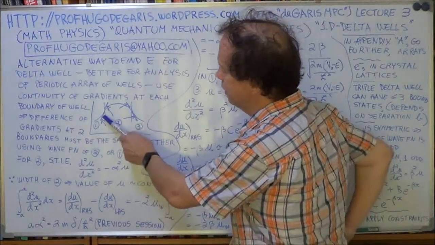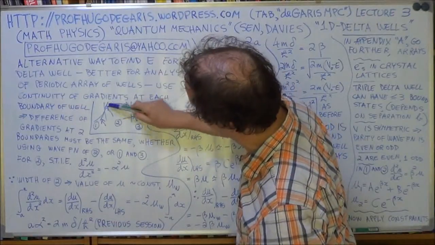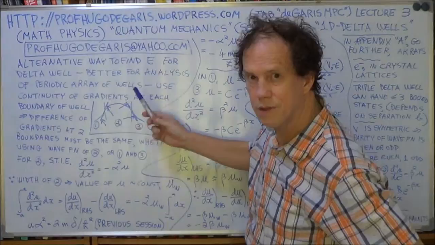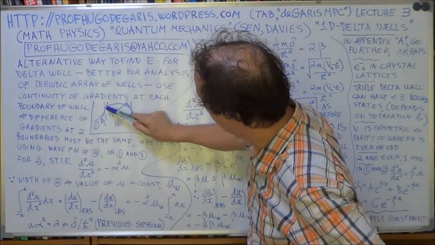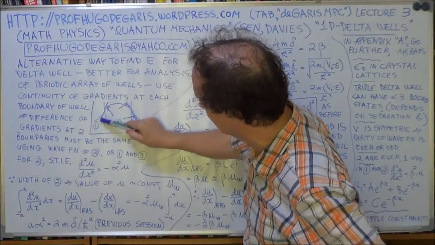Now a similar story on the other side. Here's your wave function u in region 2, where the potential V is 0. That gradient there has to be equal to this gradient here.